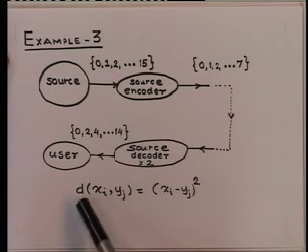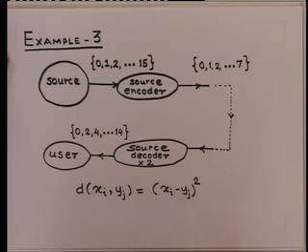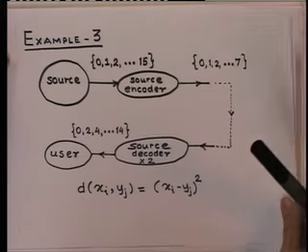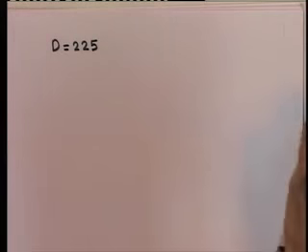Now, we use the distortion measure based on the squared error difference, and we also assume that the distortion level is given to be d equal to 225.